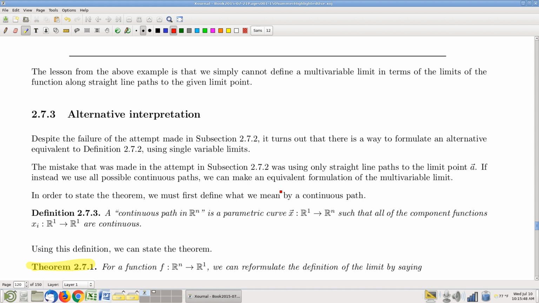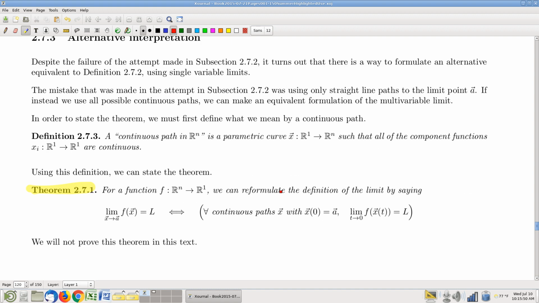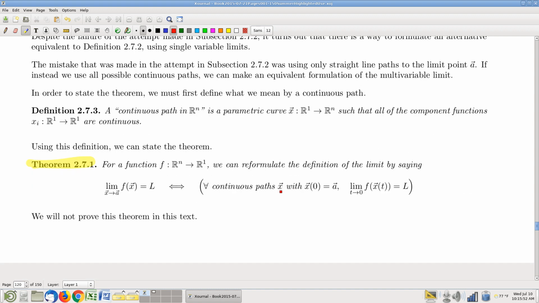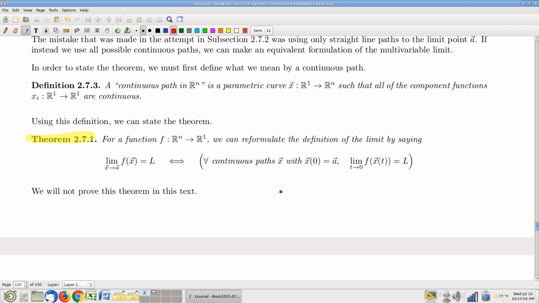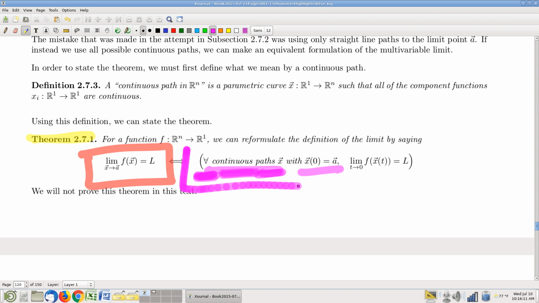Okay, so is there an alternative interpretation that we can use? And yes, there is. If you want to talk about a multivariable limit, the alternative is to consider not just the straight line paths, but all continuous paths that go to the point in question. Same idea.